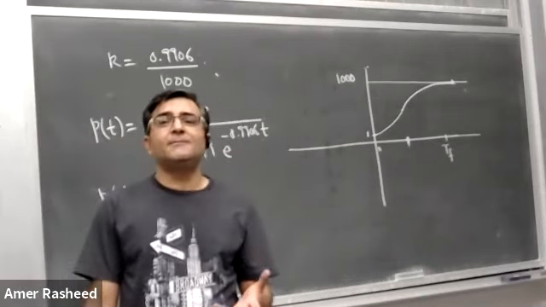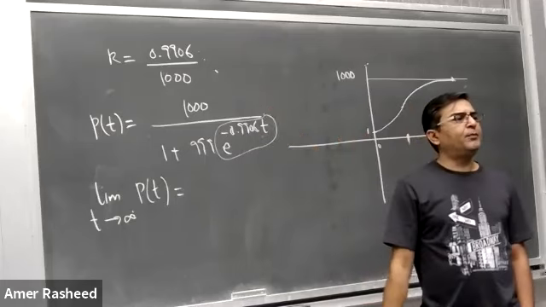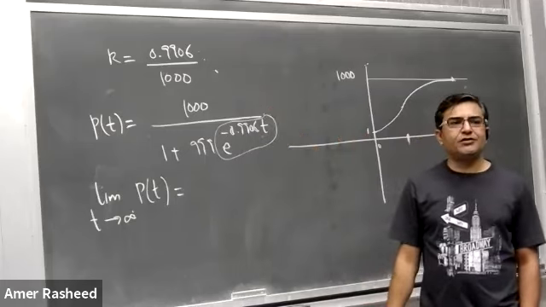But eventually, when t goes to infinity, you can put a limit here. I hope you know what limits are. In calculus, you must have discussed limits. If you put a limit here, limit t goes to infinity, P of t, this term will go to 0 because this will give us e raised to the power negative infinity.